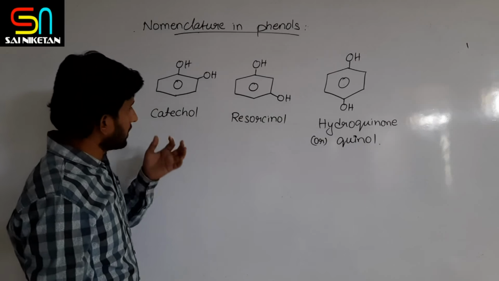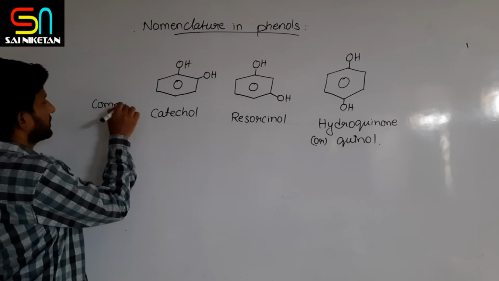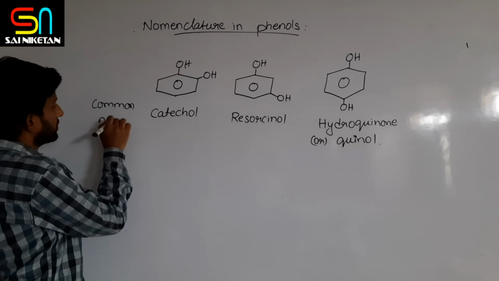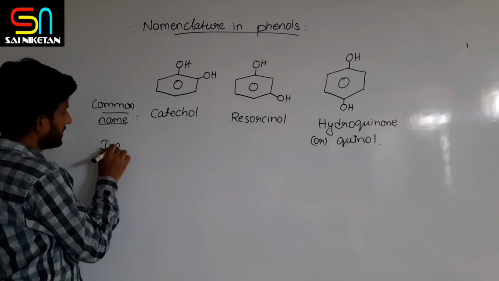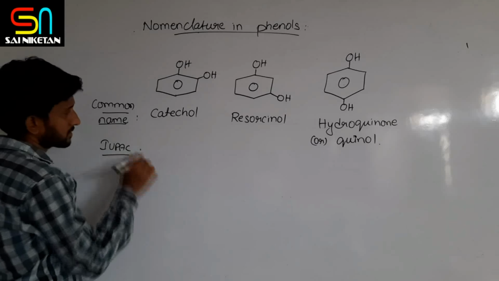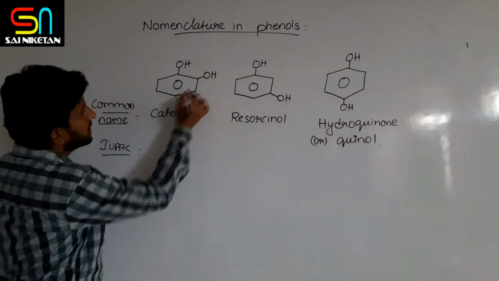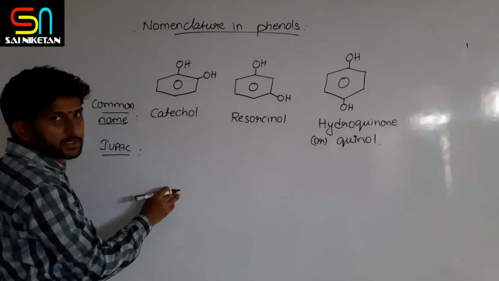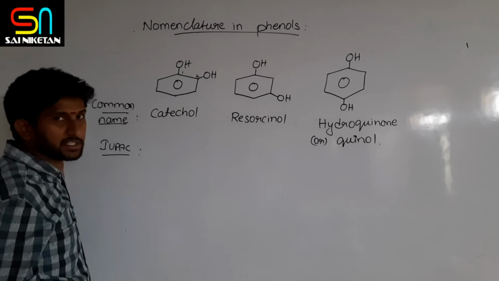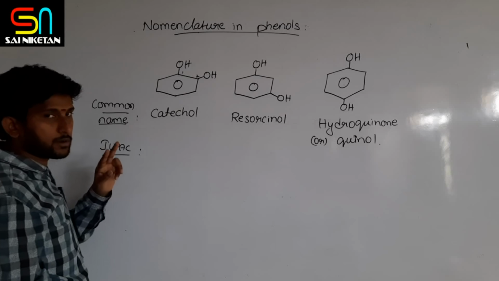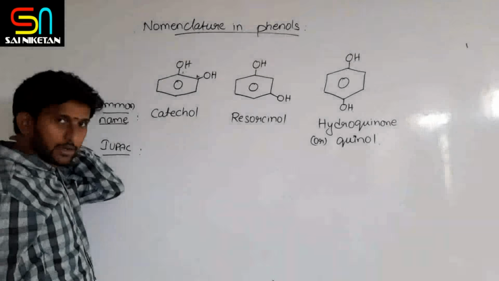Now what I have said are the common names of these compounds. What is the IUPAC name of such compounds? It has the same functional group. Here it is 1, here it is 2, so it must be a diol, right? Two alcohols, so the same functional group, that's why you need to use diol.